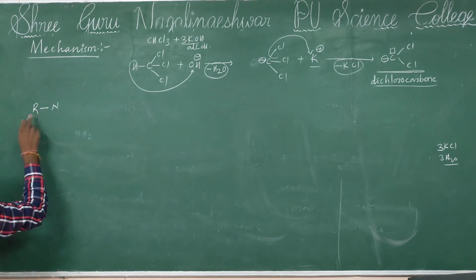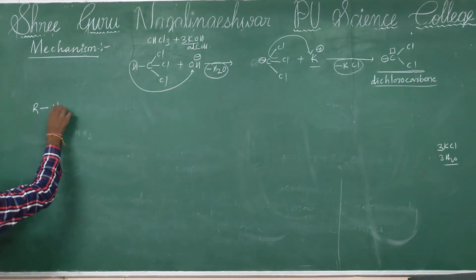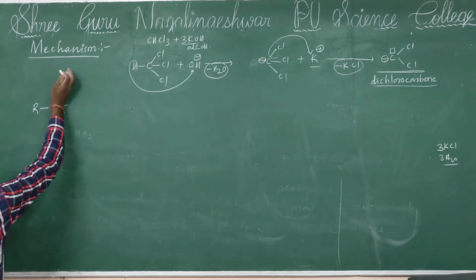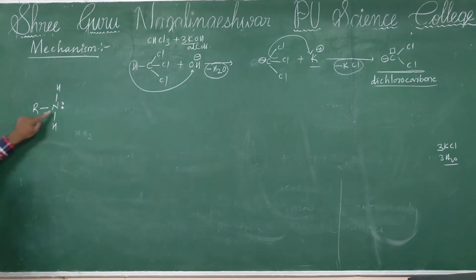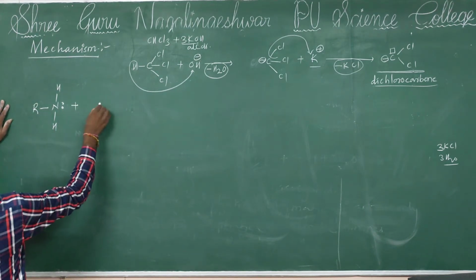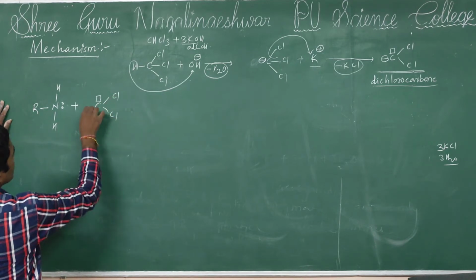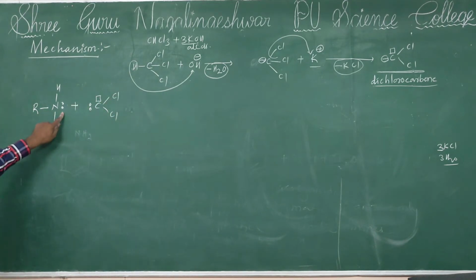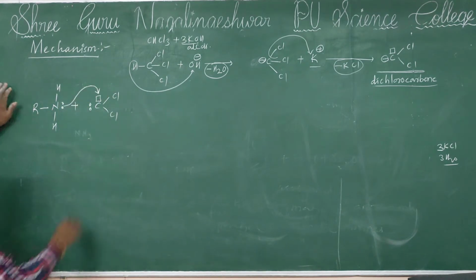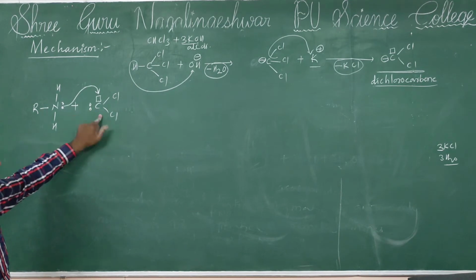I am taking the general reaction, where R means alkyl: RNH2, primary amine. This primary amine has a lone pair of electrons. This lone pair attacks the dichlorocarbene, which acts as an electrophile.